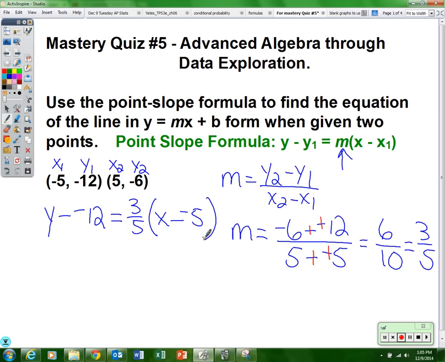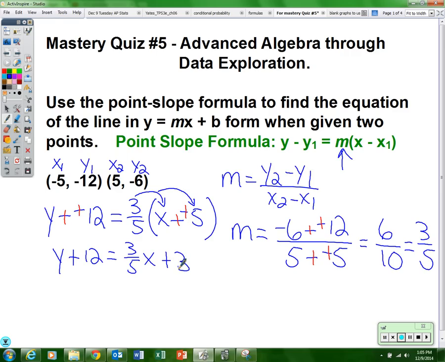Again, you need to change your signs, minus and negative, plus positive. The next thing you need to do is distribute the 3/5 because we want to get rid of the parentheses. So we have y plus 12 equals 3/5 times x is 3/5 x, and 3/5 times 5 is just 3.